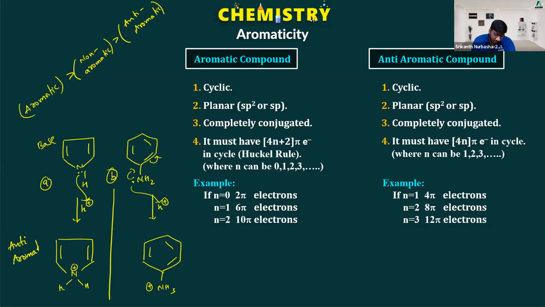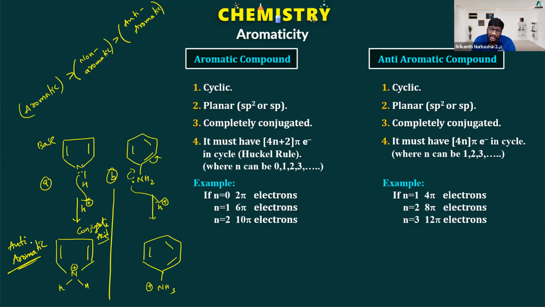Okay. So compound A, after attacking the H plus, forms this type of structure where planarity is there, cyclic is there, complete conjugation is there, and it has 4n pi electrons. Like 4 pi electrons are there. 4 pi is equal to 4n pi, which means n is equal to 1. So in compound A, for every base you will have a respective conjugate acid.